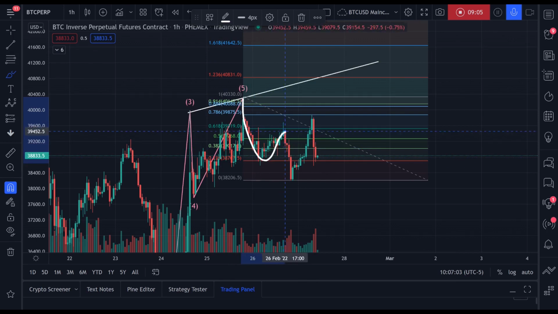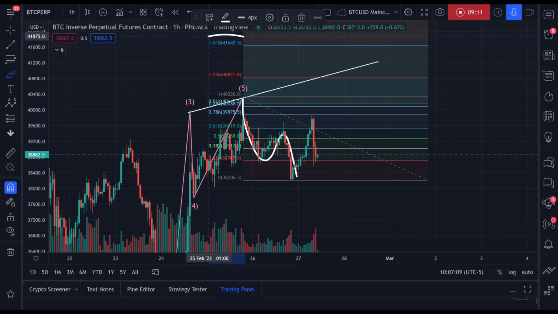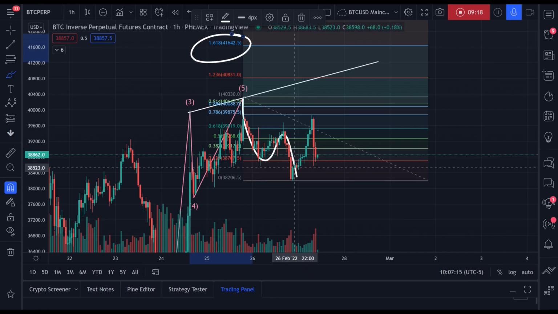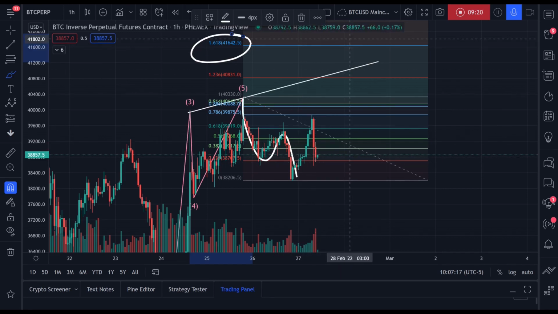I'm going to pull my Fibonacci retracement tool from the top to the bottom of wave A, and I'm going to target the 1618. Why? Because I know, according to Elliott wave theory, the B wave can only retrace to a maximum of the 1618 of the A wave. And so that's what I'm looking for as my upper limit.